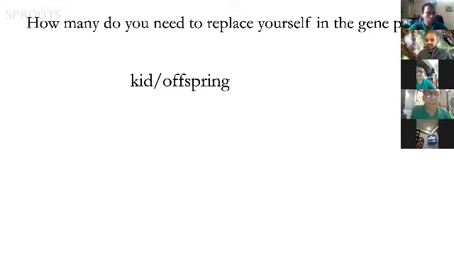Anyways, going back. Shirish's answer is interesting. He says, no matter how many offspring I make, I can only share half of my DNA. Right, exactly. Given the fact that you share only 50% of your DNA with your offspring, you would need 2 offspring to replace yourself in the gene pool. Or you can take care of 2 siblings and then you're still replacing yourself in the gene pool. You don't have to have 2 offspring.